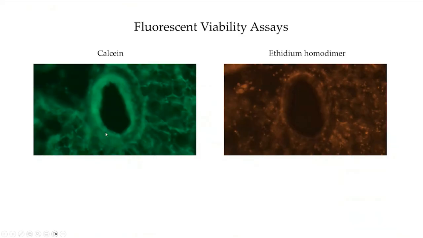So you'll have a nice fluorescent green for a healthy smooth muscle ring. And if it is dead, the red ethidium homodimer will fluoresce. In this case, it is not fluorescing red. You'll have some background fluorescence scattered around the slice, but because it is fluorescing green and not red, this is a viable slice, and this is a way you can test the viability of the smooth muscle rings in your slices, to make sure they're healthy.